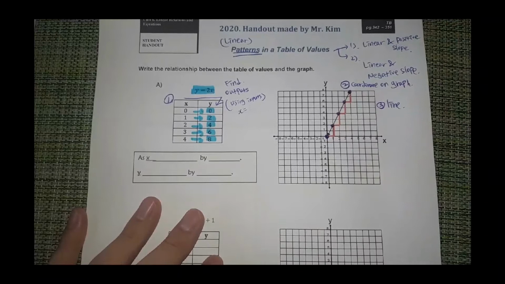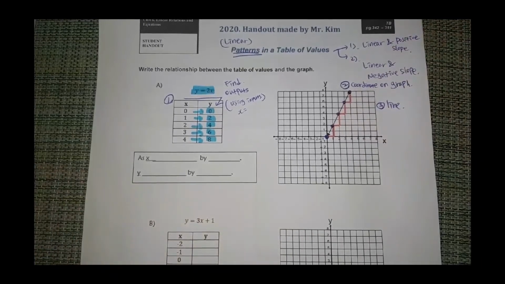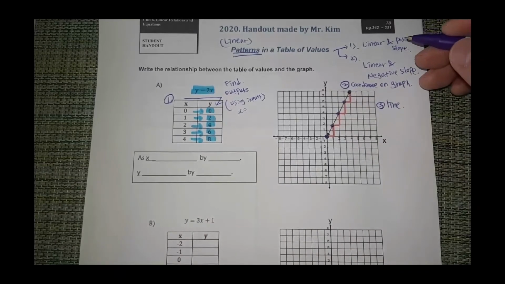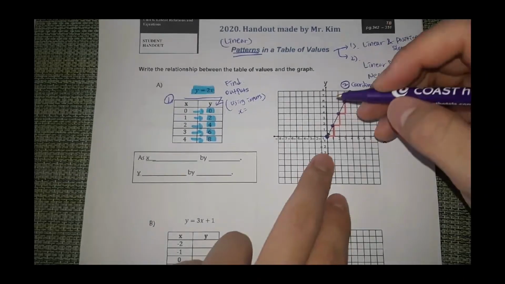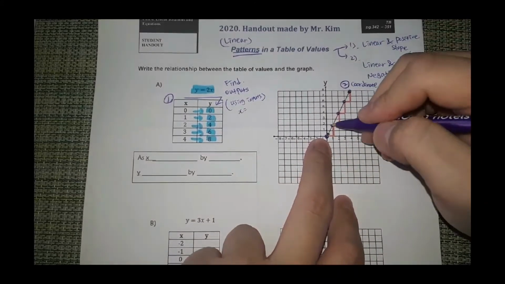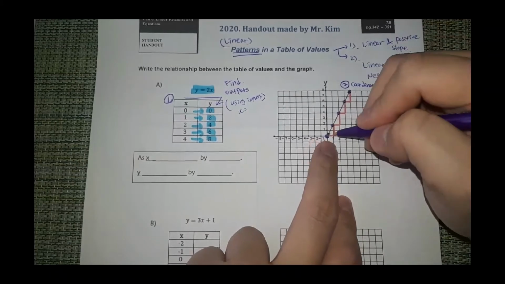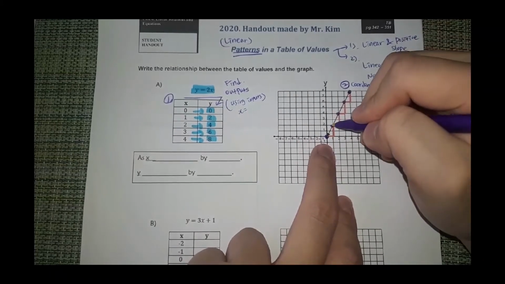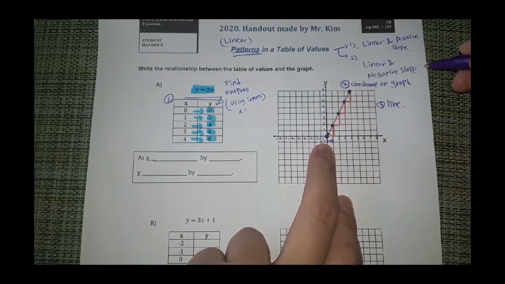Once we have a line formed between the points on the graph, you will find that some of them are increasing, some of them are decreasing. In this case, I like to call this an increasing pattern. I gave you a little bit of a red line over here. This is like a staircase, as you can see, right? The reason it creates a staircase is because from my first point to the second point, you are moving 1 to the right.